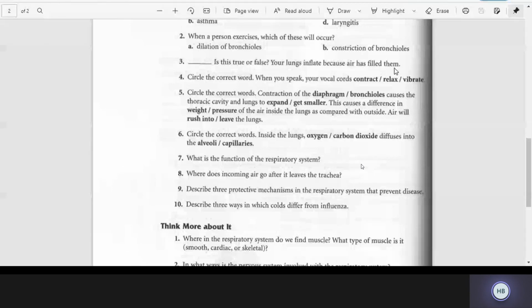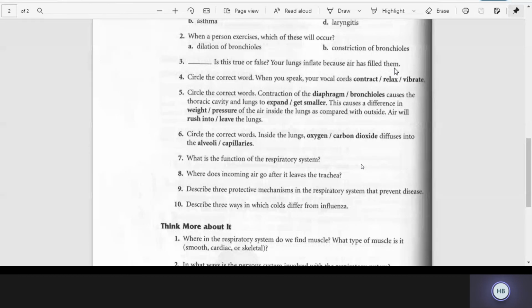Let me give you the answer. The answer for this one is false. It does not mean that your lung is filled with air. Your lungs inflate first when you breathe in, right? So remember the diaphragm. The diaphragm contracts to give more space inside your lungs, and then the air comes in. So your lungs inflate before the air comes in.